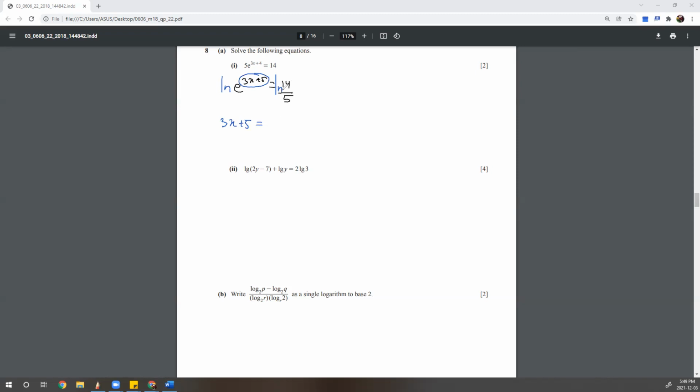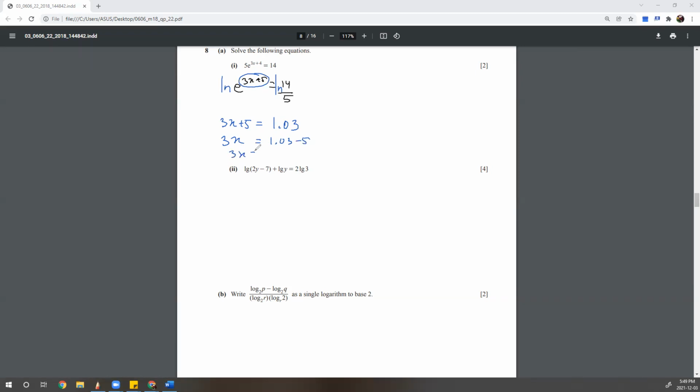And you put ln 14 over 5 on your calculator. Ln means natural logarithm, logarithm of natural number. Okay, that is 1.029, 1.03. I just round the number.